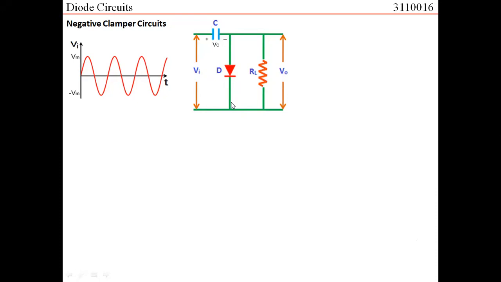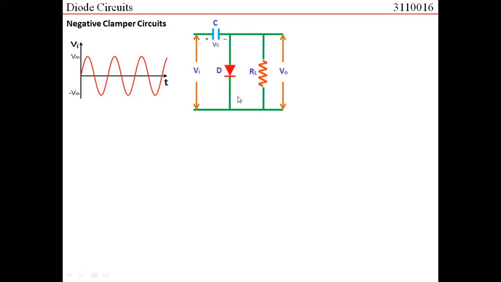And let us remind ourselves that the voltage across branches that are in parallel always remains the same. So if the voltage in this branch is zero, the output voltage would also be zero. So when the diode is on, the output voltage is zero.